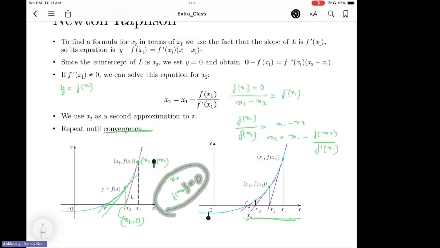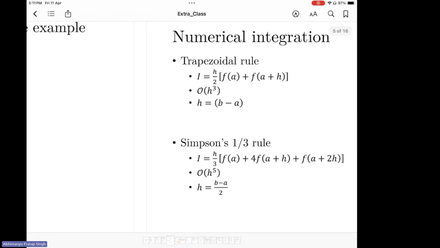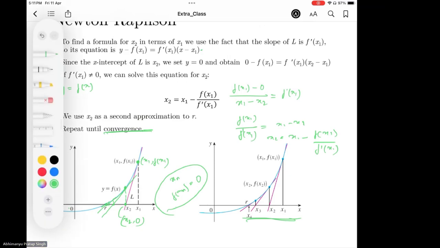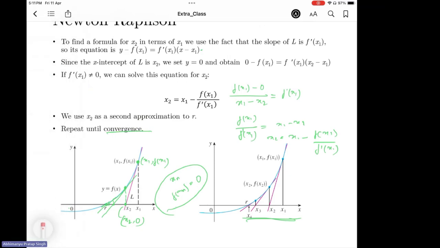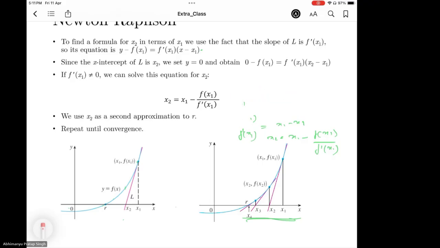So for the multivariable case, x becomes a vector, f also becomes a vector, and f prime of x becomes a matrix, where we calculate the Jacobian.